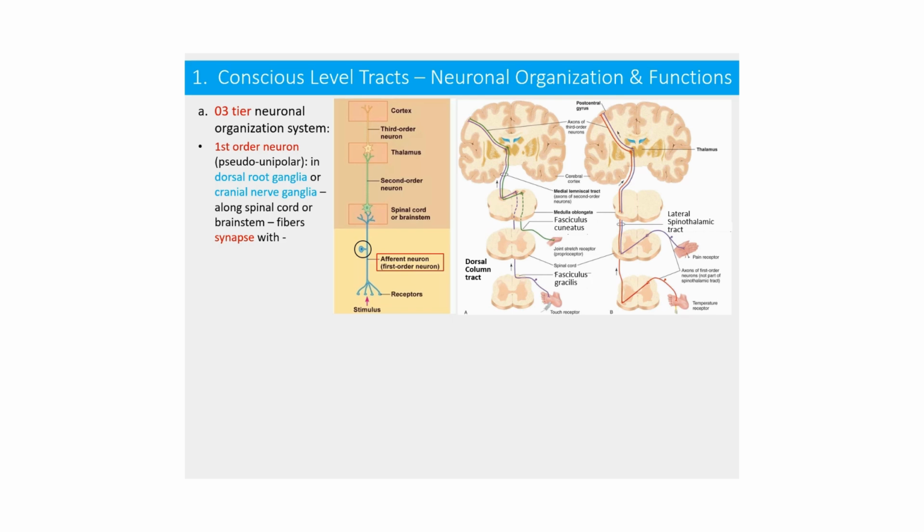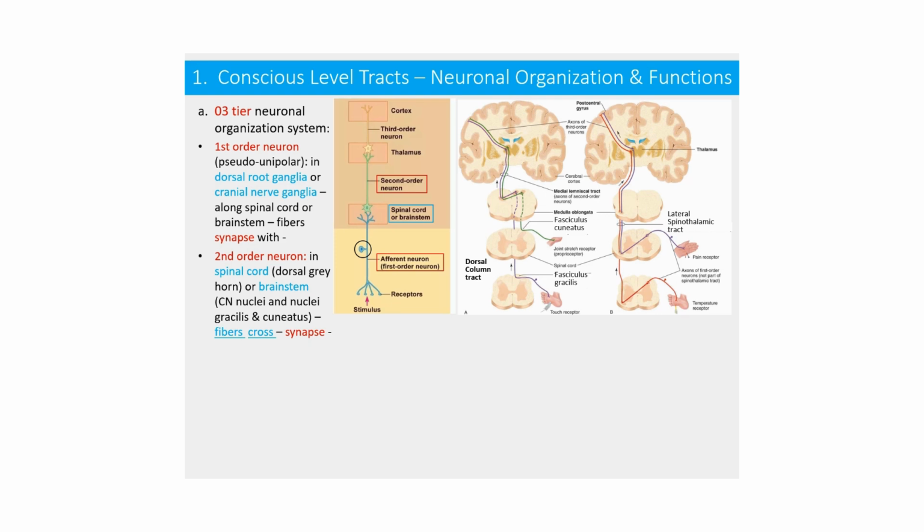Their fibers synapse with the second order neurons, which are present either in the dorsal gray horn of the spinal cord or in the cranial nerve nuclei and nuclei gracilis and cuneatus in the brainstem.